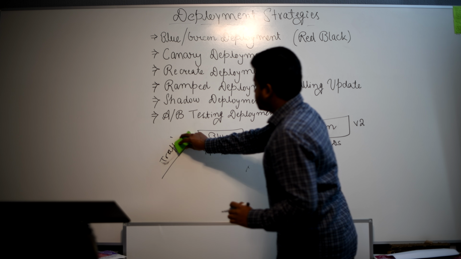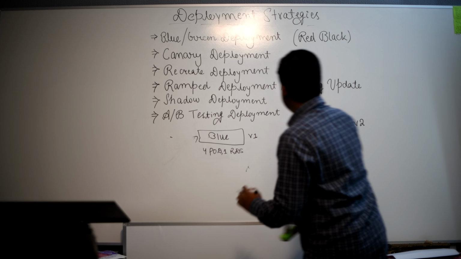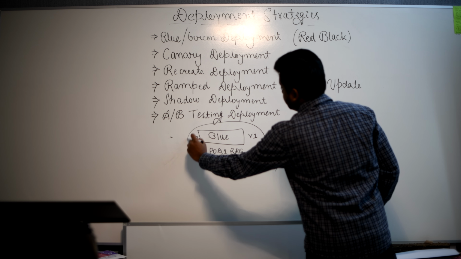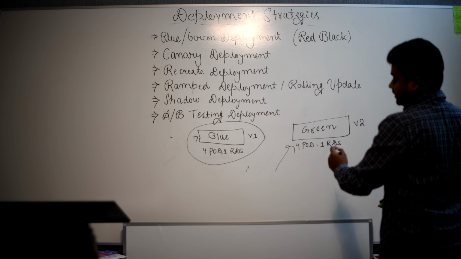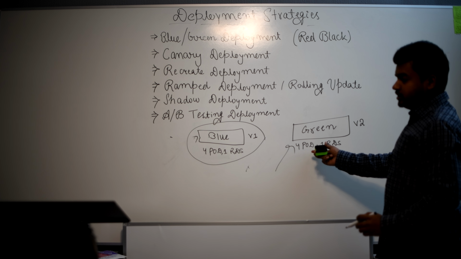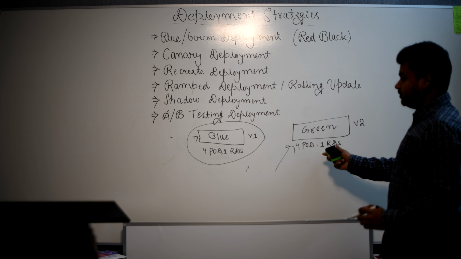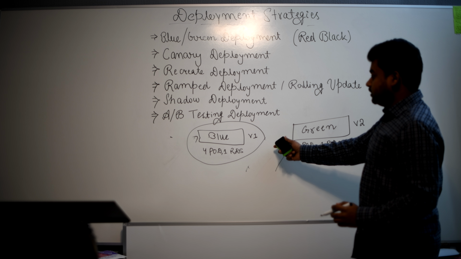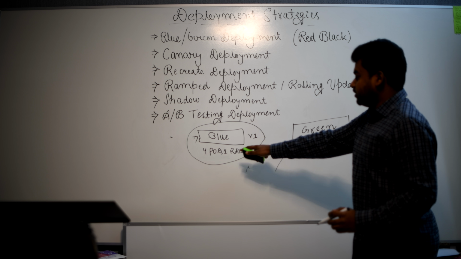But if everything is successful, then the traffic will go through the green one, and you keep the blue one for some time in case any issue happens in the green after some time. As a backup or recovery option, you keep this environment for some time.